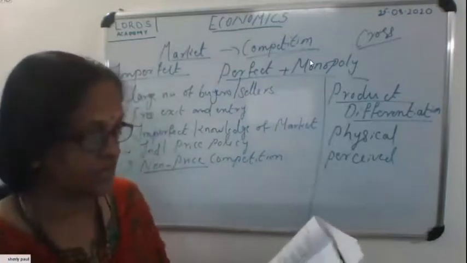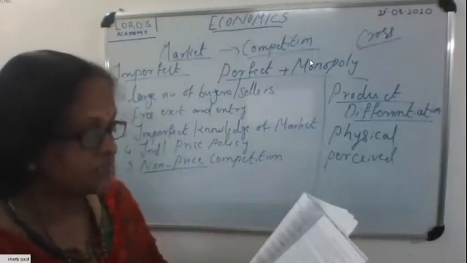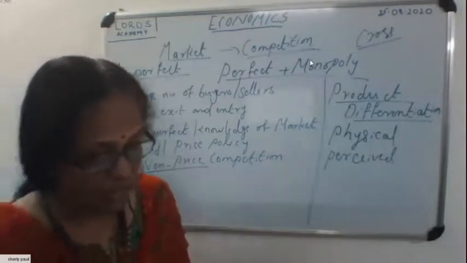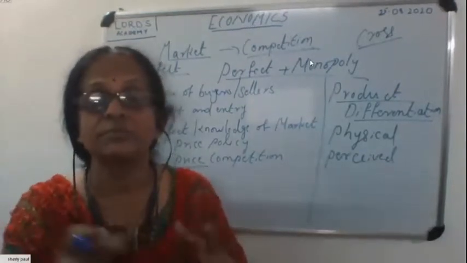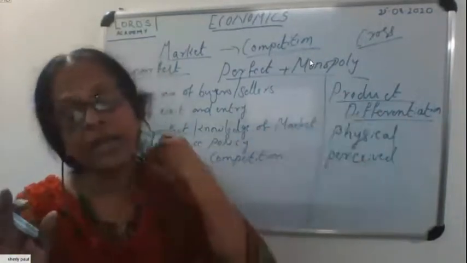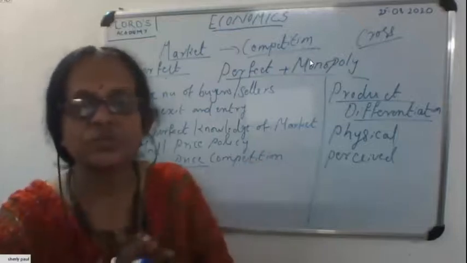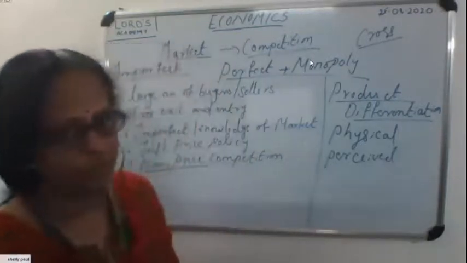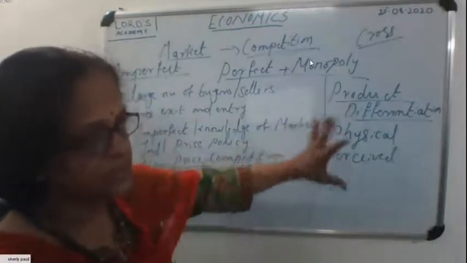Such differences are often created by brand names, where the only difference is in the packaging. The product is the same, but we see a different brand name and some difference in packaging. That is known as perceived difference. Physical difference, perceived difference.